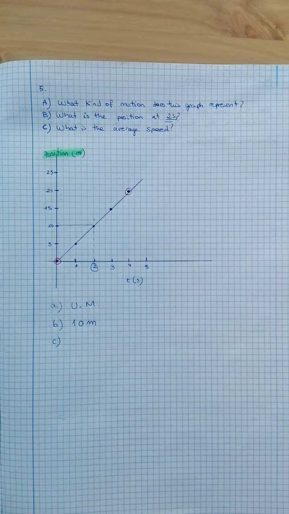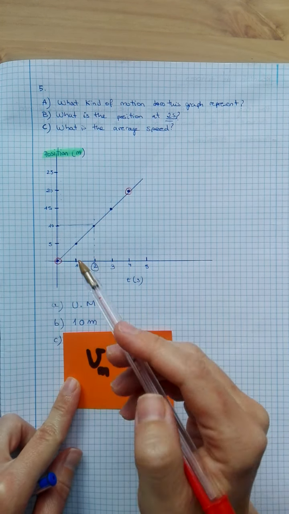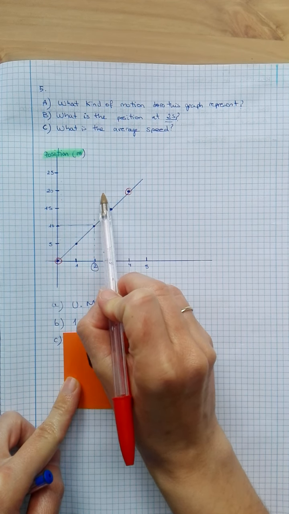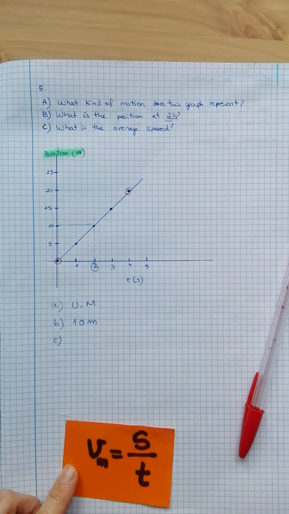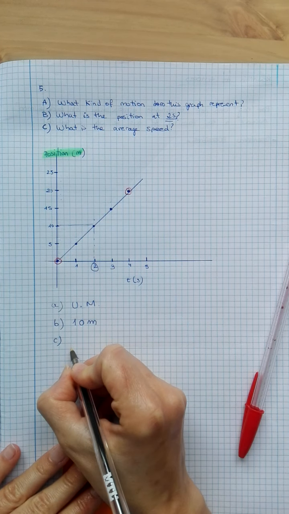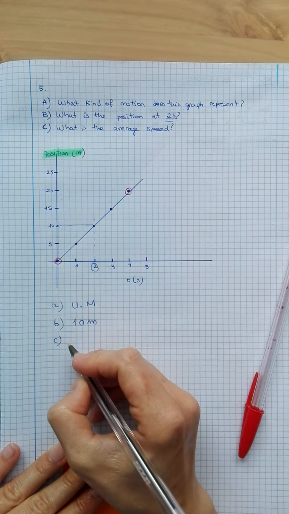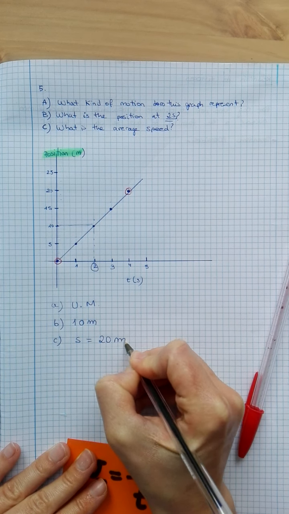So what is the distance traveled? You start in 0 and you end in 20, so the distance traveled is 20 meters.